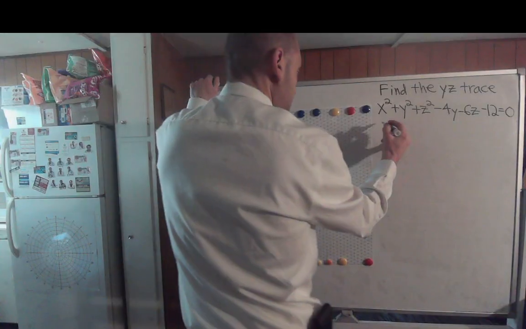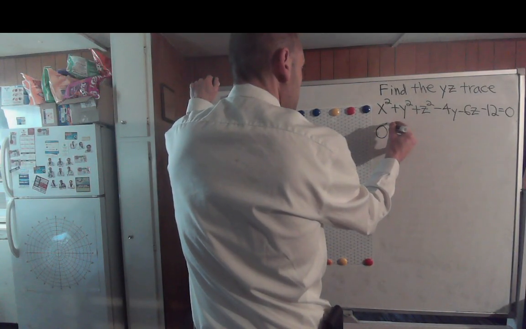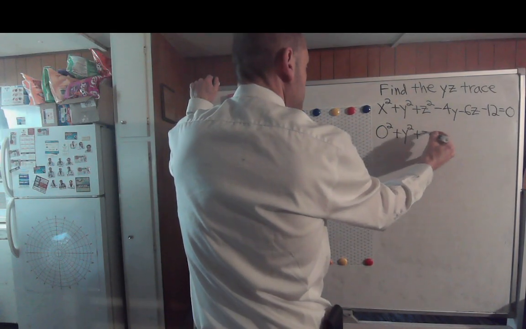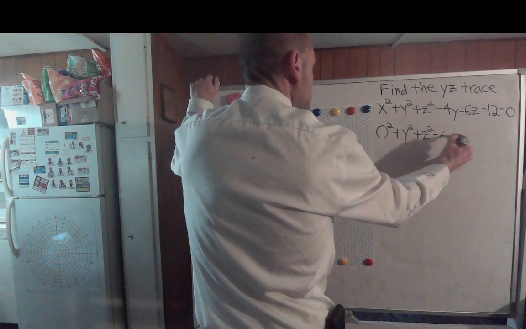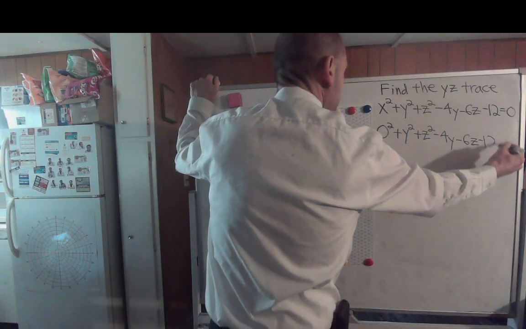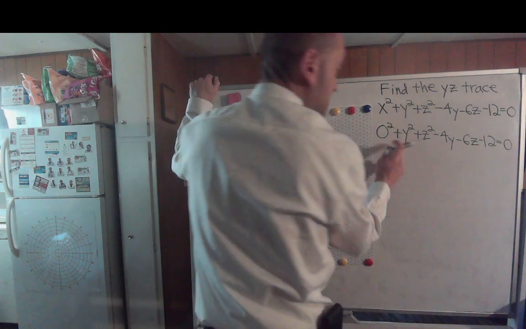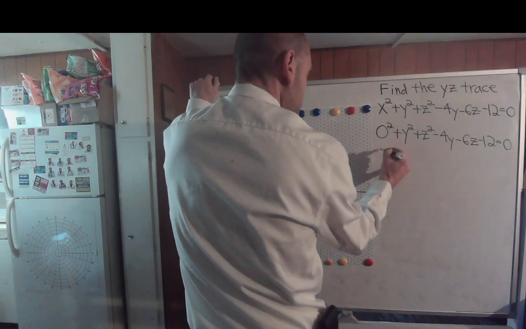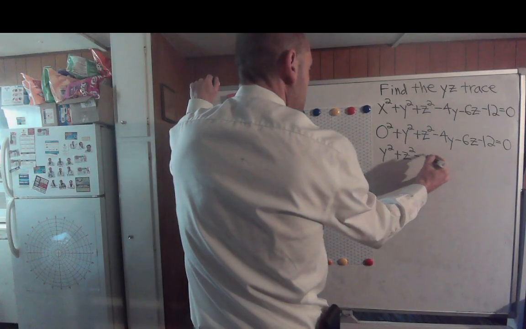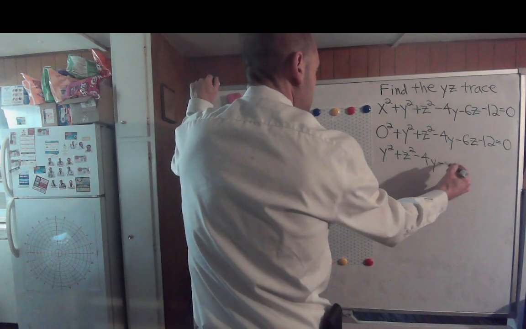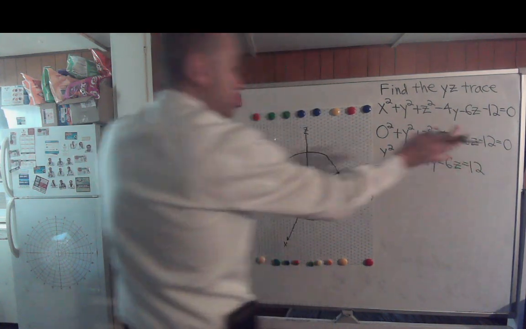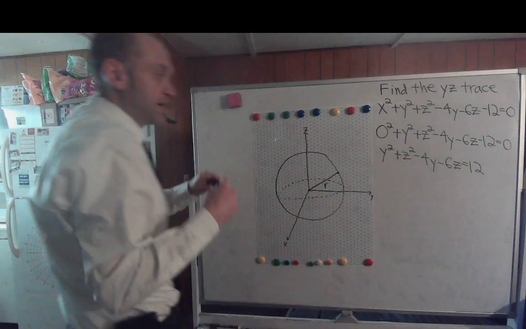So if we do that, you'll get 0 squared plus y squared plus z squared minus 4y minus 6z minus 12 equals 0. Well, 0 squared is just 0, so this would become y squared plus z squared minus 4y minus 6z equals 12 because I just moved the constant term over to the right-hand side.